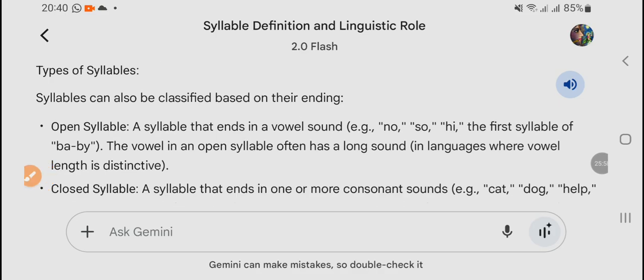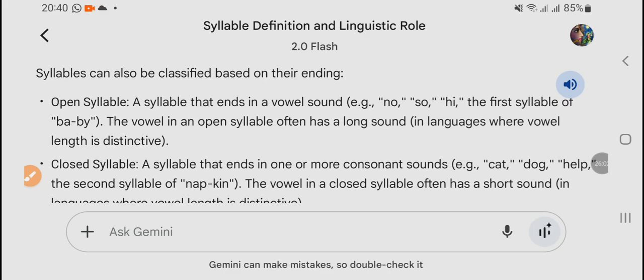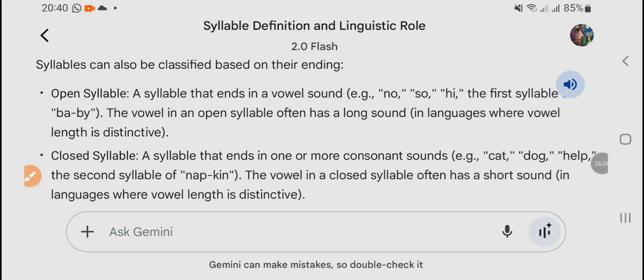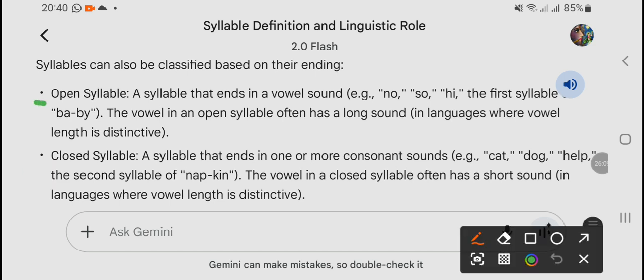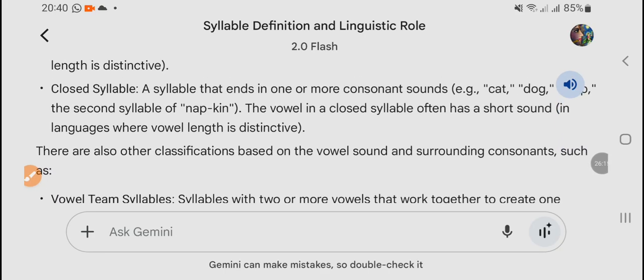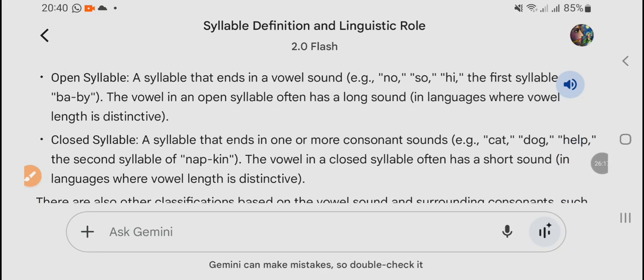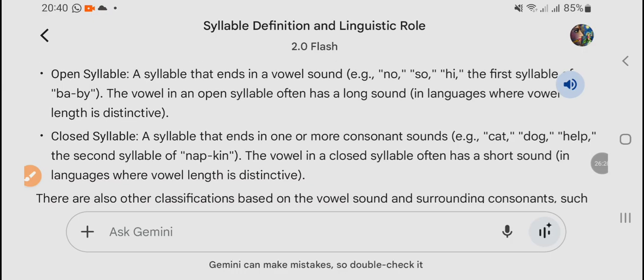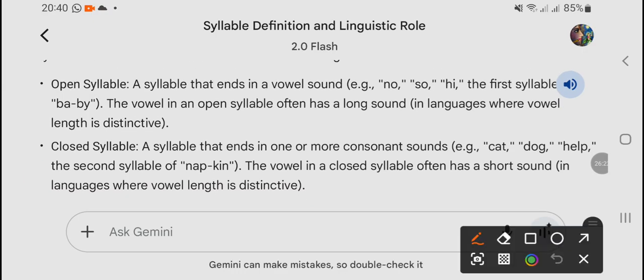Okay. Now types of syllable. Very important. How many types of syllables are there? There are open syllables and closed syllables. First, open syllable: a syllable that ends with a vowel. Important: a syllable that ends with a vowel is called an open syllable. No, so, he.